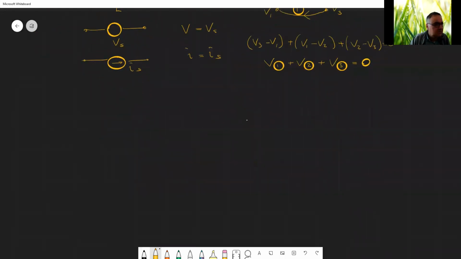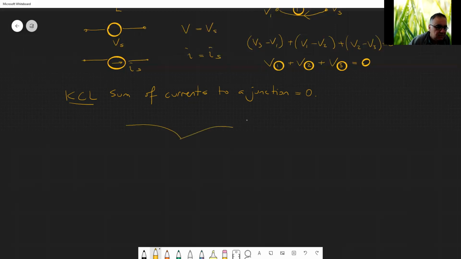Kirchhoff's current law, KCL, states that the sum of currents to a junction equals 0. Basically, if you have a junction like this, let's say this is I1 coming in, I2 going out, and I3 going out.